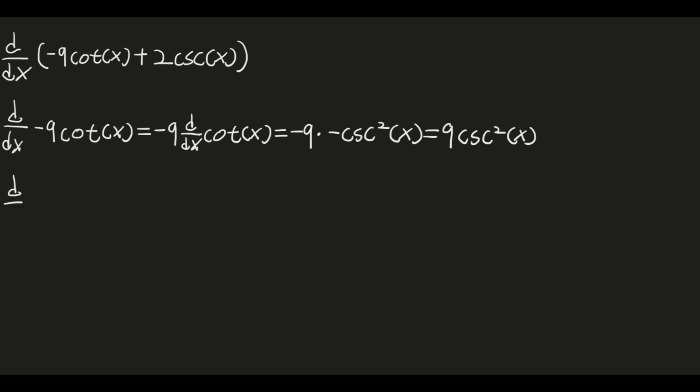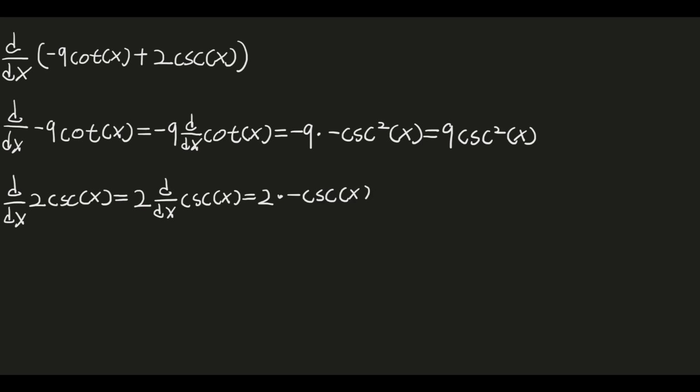Now we could take the derivative of the second term, 2 cosecant x. Like the first term, we could take 2 out and then take the derivative of cosecant x separately. And then we could write out 2 times the derivative of cosecant x, which, if you can recall from earlier, is negative cosecant x times cotangent x.